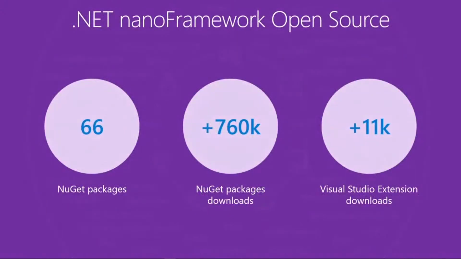And as you probably know, .NET nanoFramework is an open source project, and this is 100% open source, meaning that from the firmware running on the microcontrollers, to all the class libraries, the Visual Studio extension, the CLI tools that we have, and also the scripts that we use on our build pipelines are all available on our GitHub.